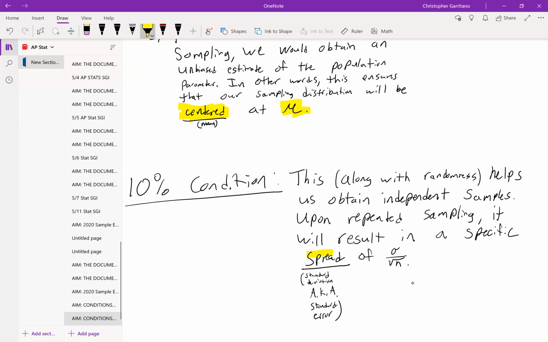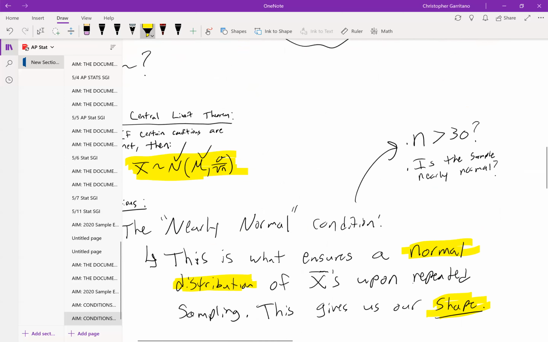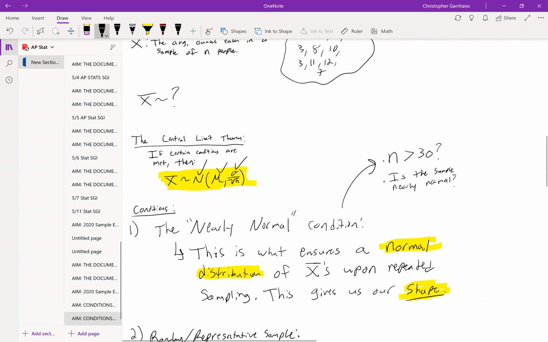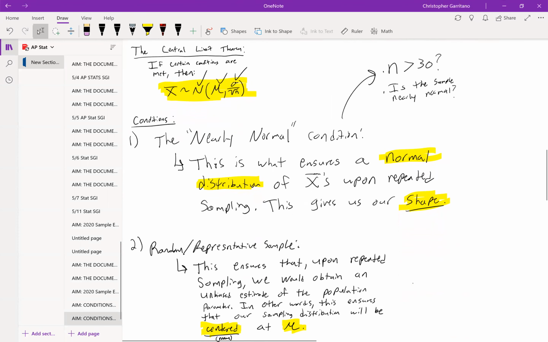And when I say the word spread here, I'm referring to standard deviation, which in the context of a sampling distribution, we say standard error. But that spread will be, like we mentioned earlier, the parent population standard deviation divided by radical n. So we have our three conditions. One gives you shape, one gives you center, one gives you spread. And there we have it.